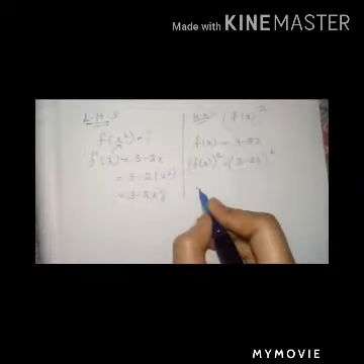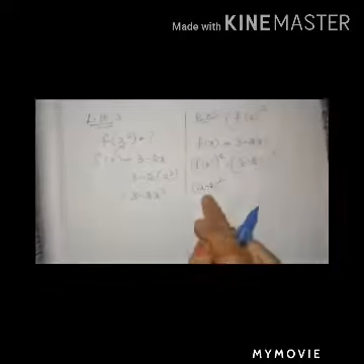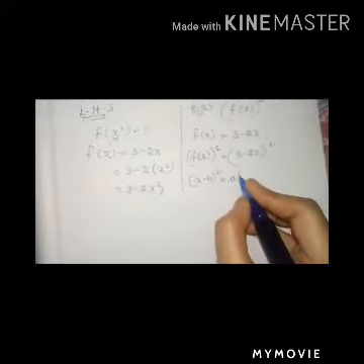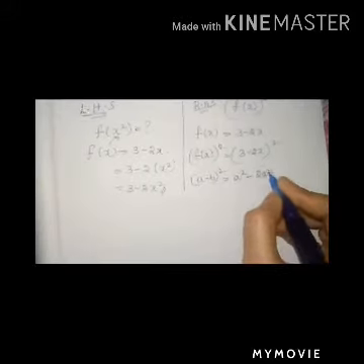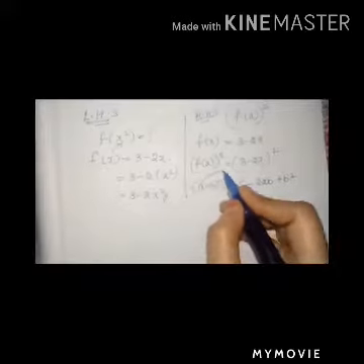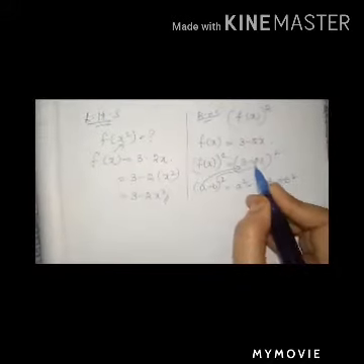It looks like the identity a minus b the whole square, so we can use it. A minus b the whole square is a square minus 2ab plus b square. Now what is your a value? 3. B value is 2x.